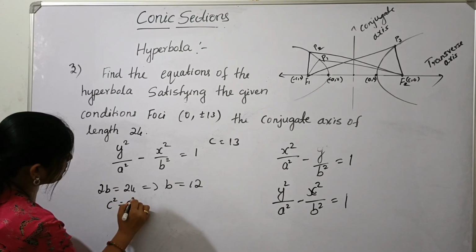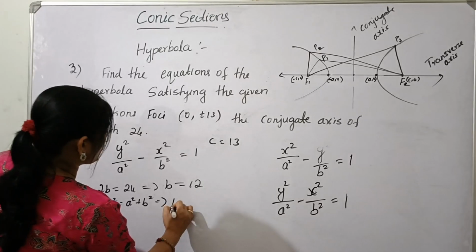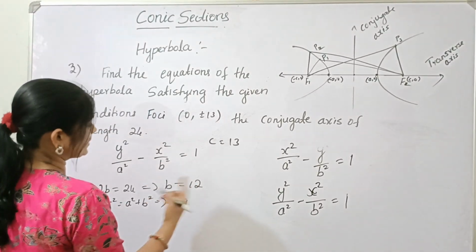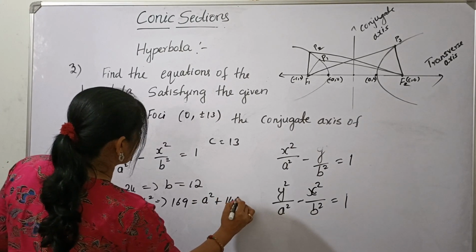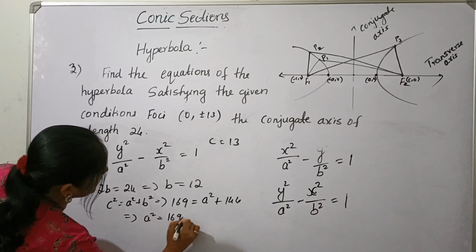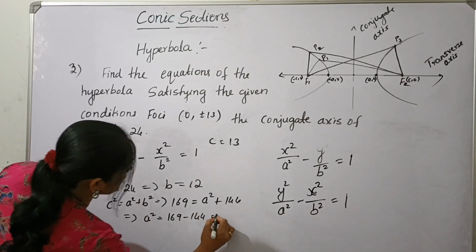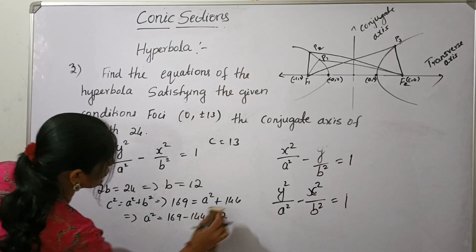So c square is equal to a square plus b square. That implies 169, that is c square, 13 square, is equal to a square plus 144. That implies a square is equal to 169 minus 144, that is 25.